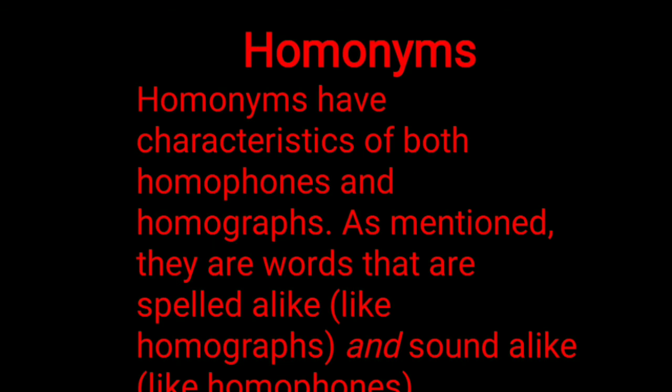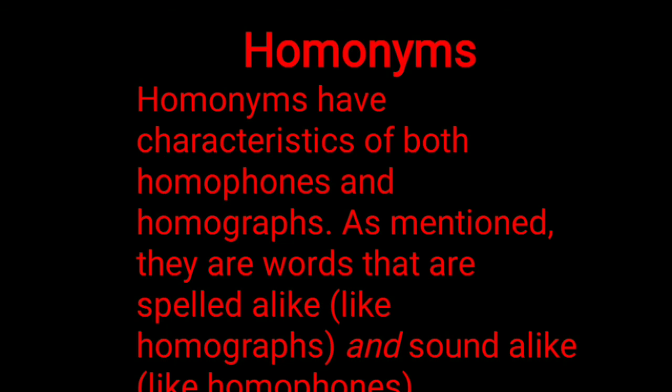And now in our scanner we have found homonyms. So here we focus on names. We have talked about the similar prefixes but different suffixes. So homonyms. Homonyms have characteristics of both homophones and homographs. As mentioned, they are words that are spelled alike like homographs and sound alike like homophones.